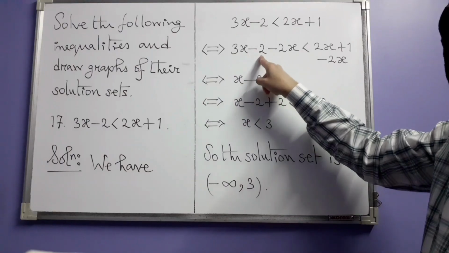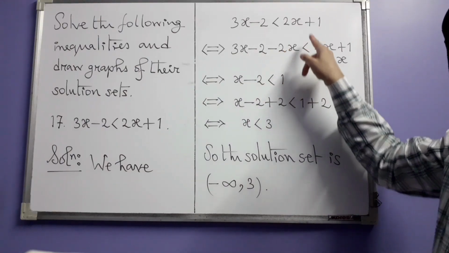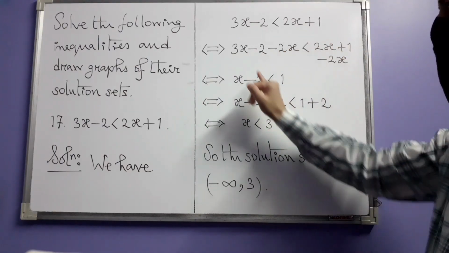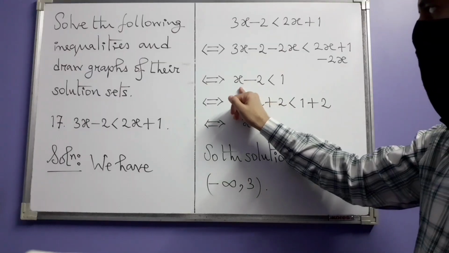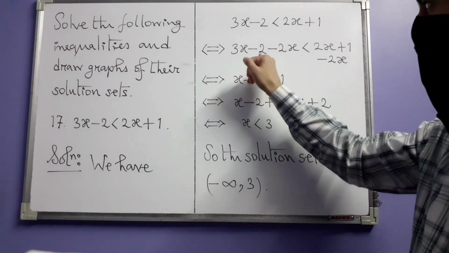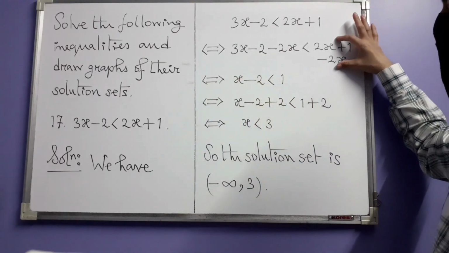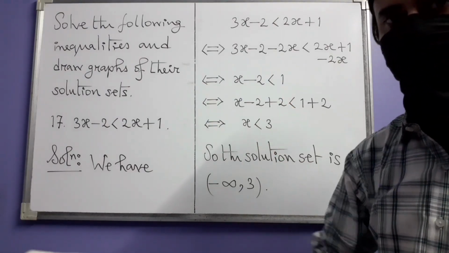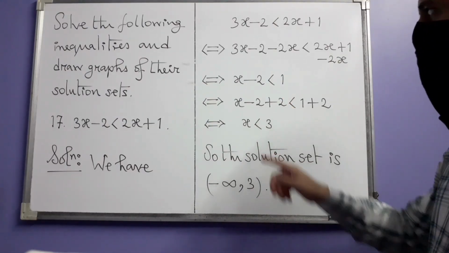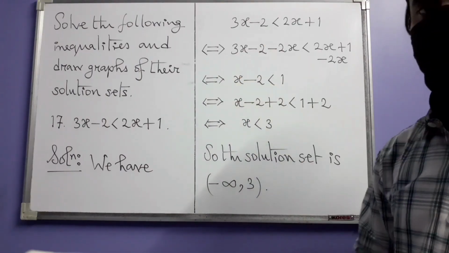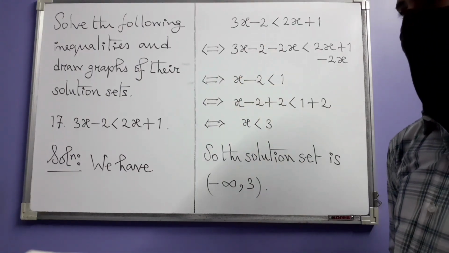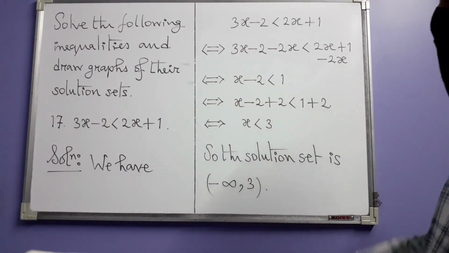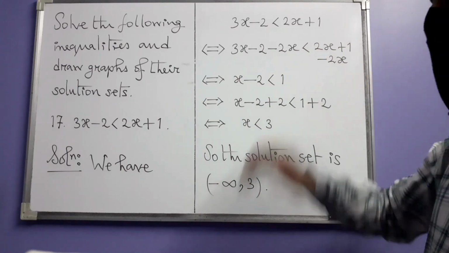So we have 3x minus 2 minus 2x less than 2x plus 1 minus 2x. Now 3x minus 2x becomes x minus 2, and on this side after cancelling 2x and minus 2x you are left with 1. So this way we have isolated x. We haven't quite isolated x completely, but at least we do not have x on this side.